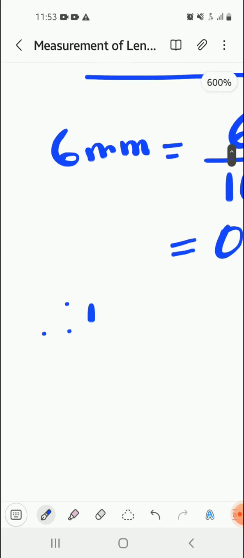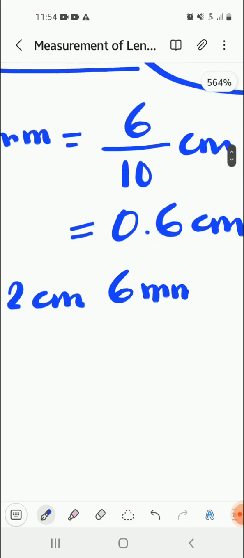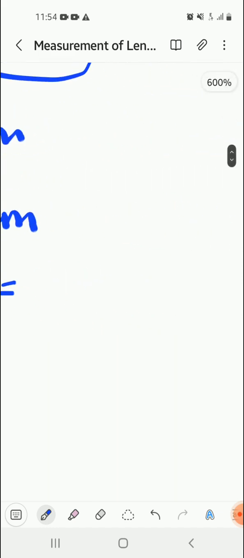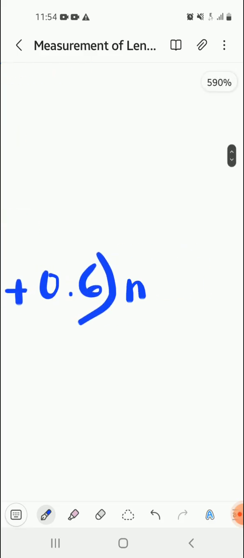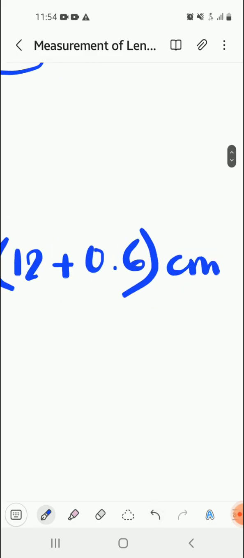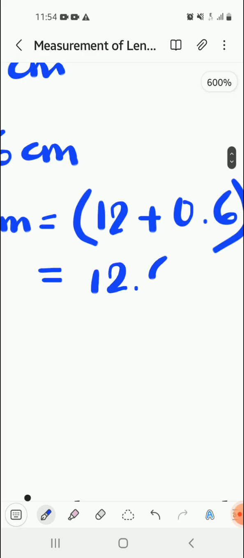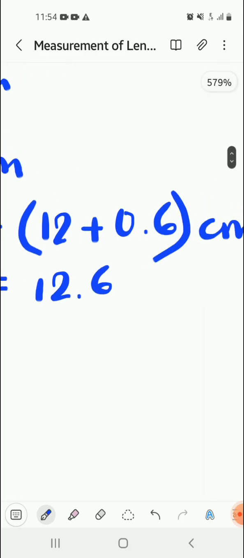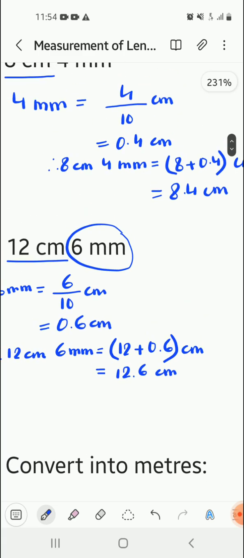Therefore 12 centimeter 6 mm is equal to 12 centimeter plus 0.6 centimeter, so together it is 12.6 centimeter. That is it.